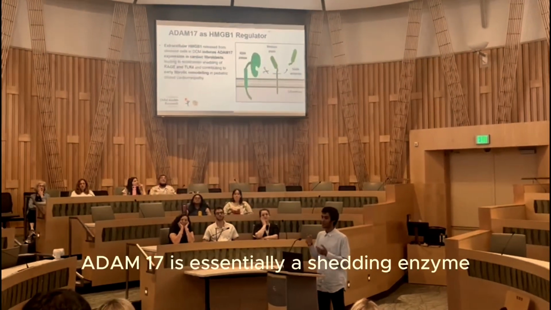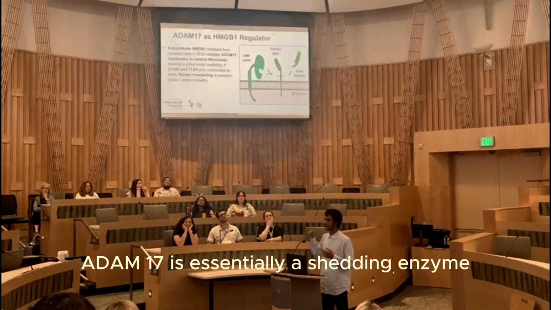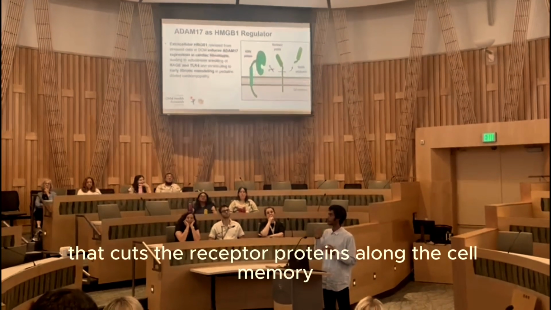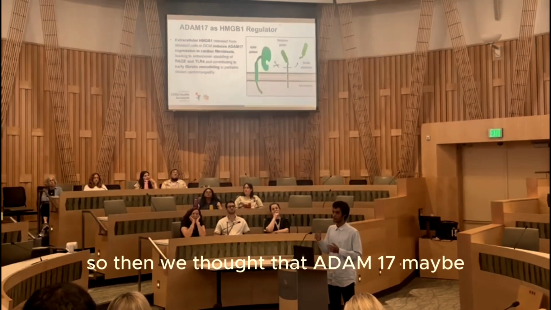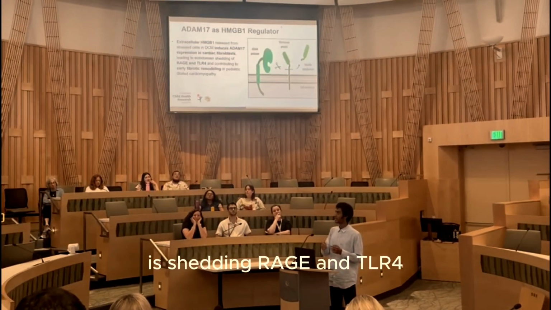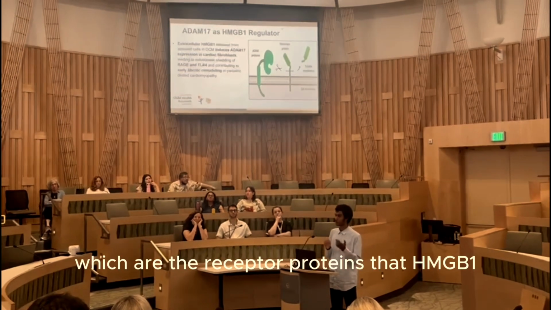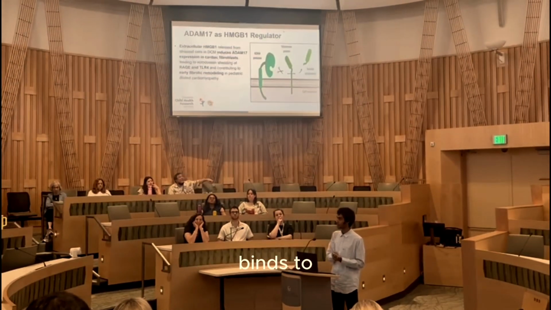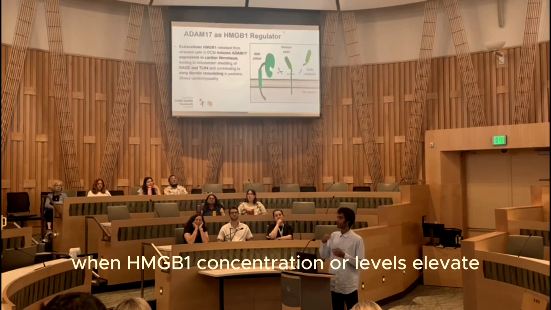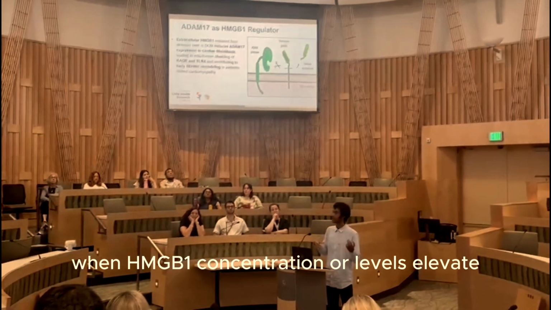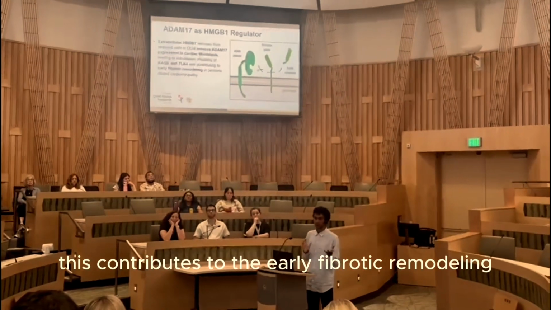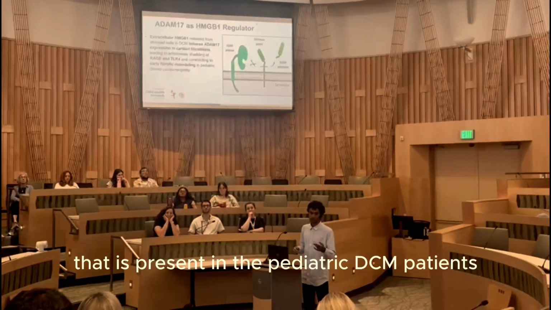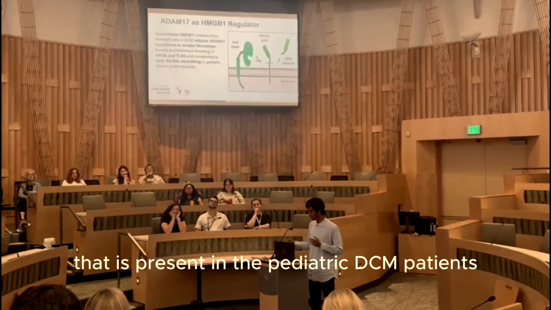ADAM17 is essentially a shedding enzyme that cuts the receptor proteins along the cell membrane. So we thought that ADAM17 may be shedding RAGE and TLR4, which are the receptor proteins that HMGB1 binds to, when HMGB1 concentration or levels elevate. And this contributes to the early fibrotic remodeling that is present in the pediatric DCM patients.